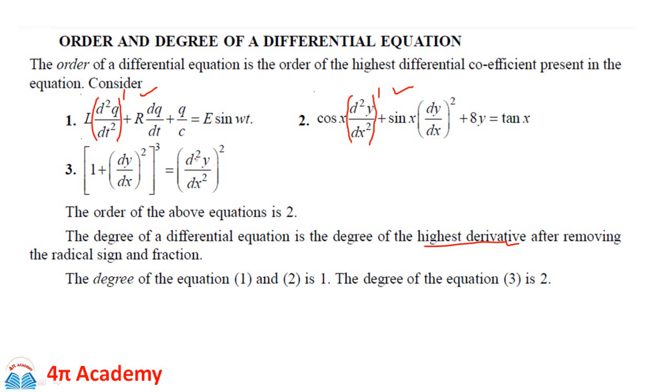Here it is d2y by dx square, and its algebraic power is 2, and therefore for example 3, the degree is 2. So this is the meaning of order and degree.